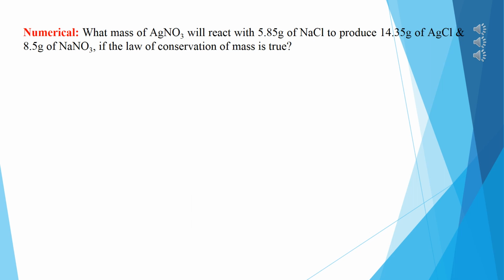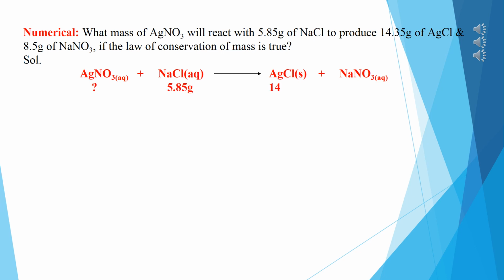So, in this statement, the reaction given is silver nitrate combines with sodium chloride and changes into silver chloride and sodium nitrate. So we have to find out the weight of silver nitrate.